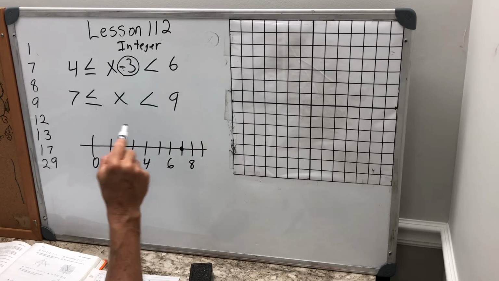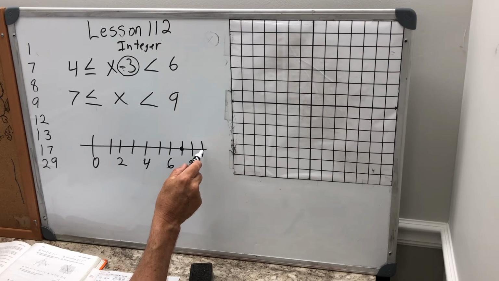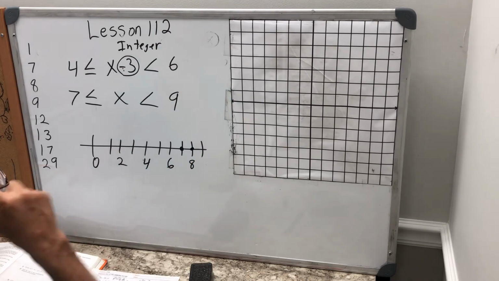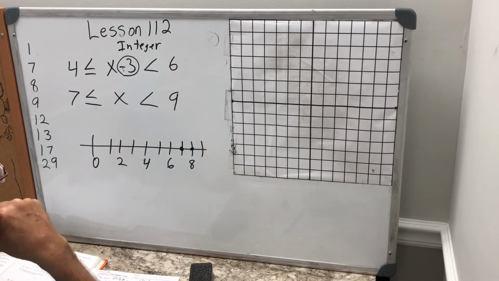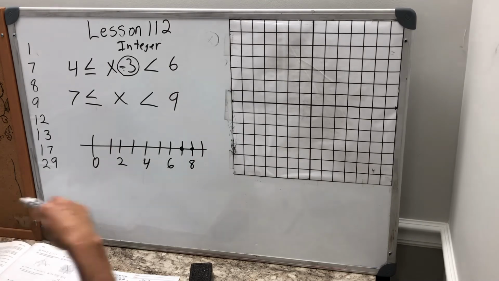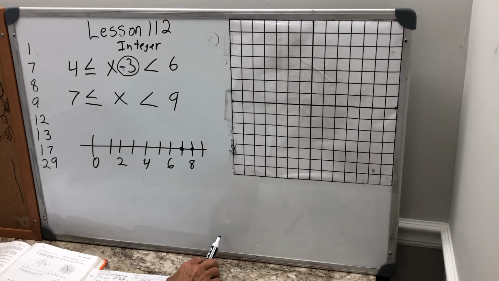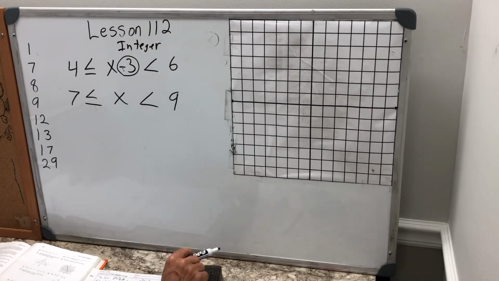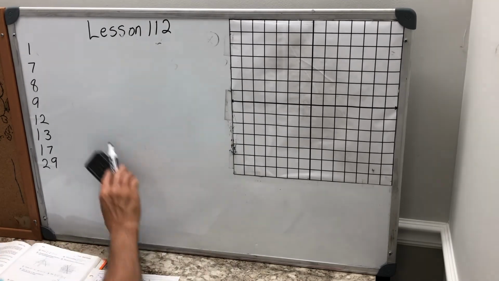Then we go to this one, and this is less than 9. Anything less than 9 on the integer is going to be 8. So really we just put 2 dots on, one on 7 and one on 8, and that is the completion of that one.